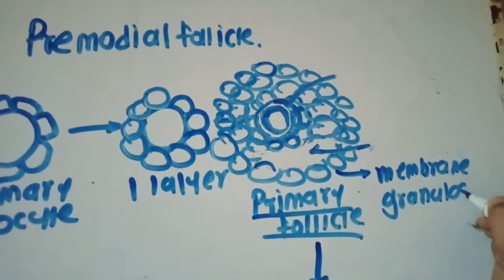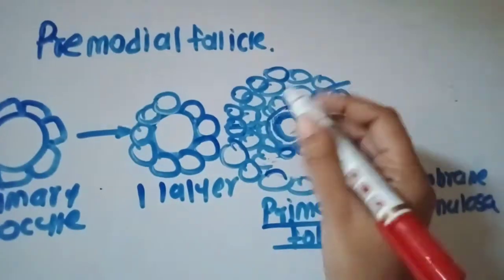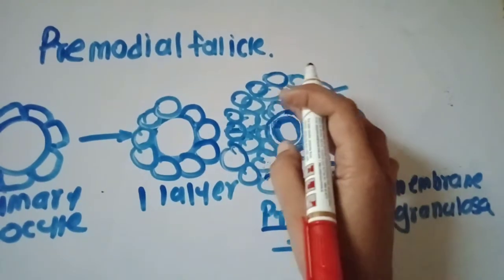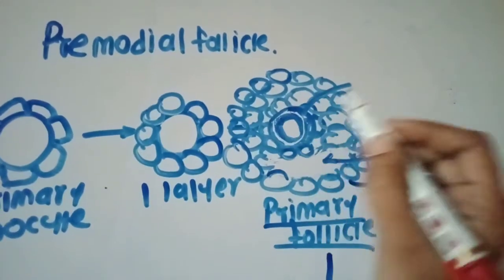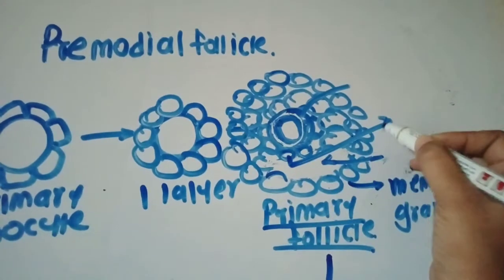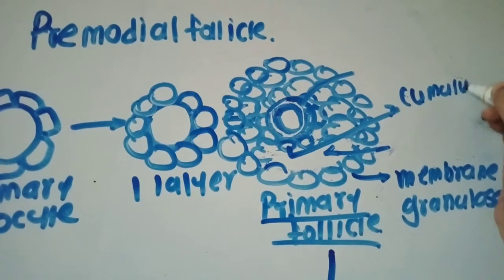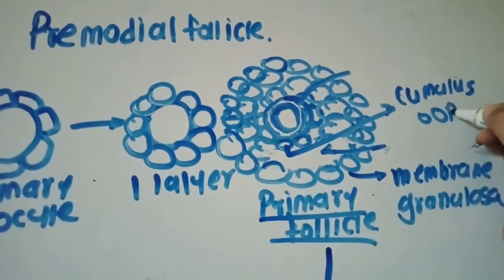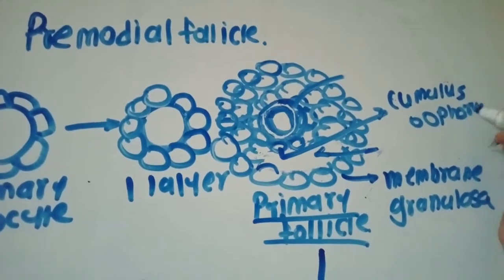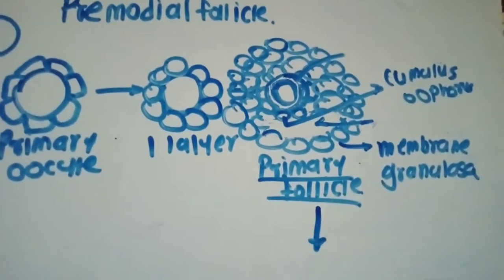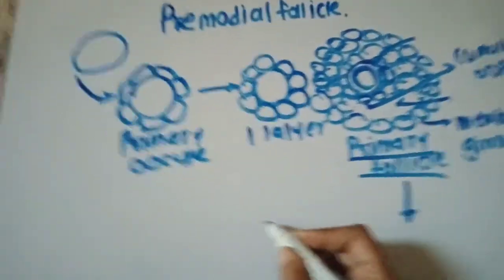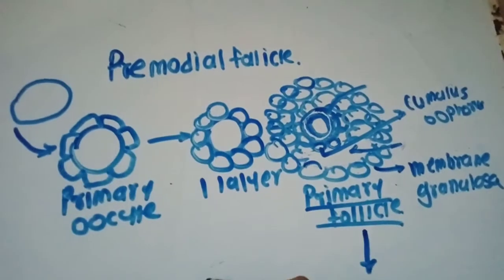And the innermost cells, the ones surrounding the primary oocyte, are called the cumulus oophorus.